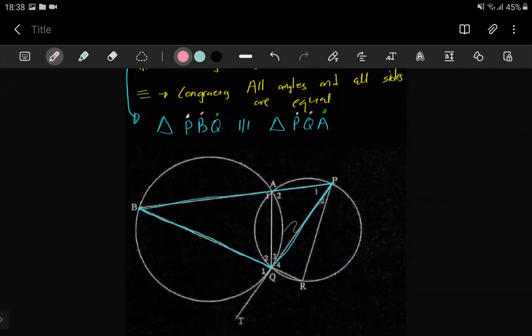So it's like PQA, like that. There we go. Do you see that those are the two triangles they're talking about?